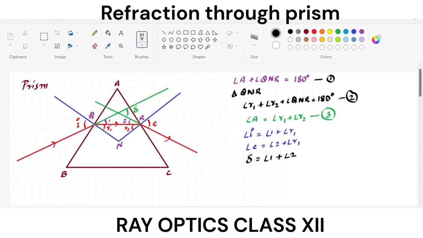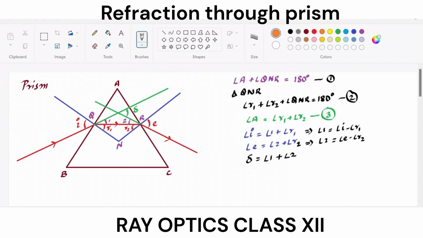Now, how can you find angle 1? From the first equation here, angle 1 will be equals to angle I minus angle R1. And from here, angle 2 is equals to angle E minus angle R2. This is R2. There is a slight mistake. This is R2. Let's substitute this value of angle 1 and angle 2 here.